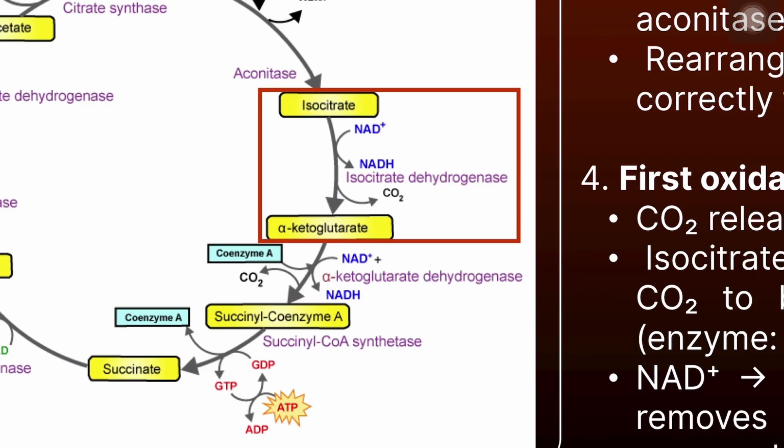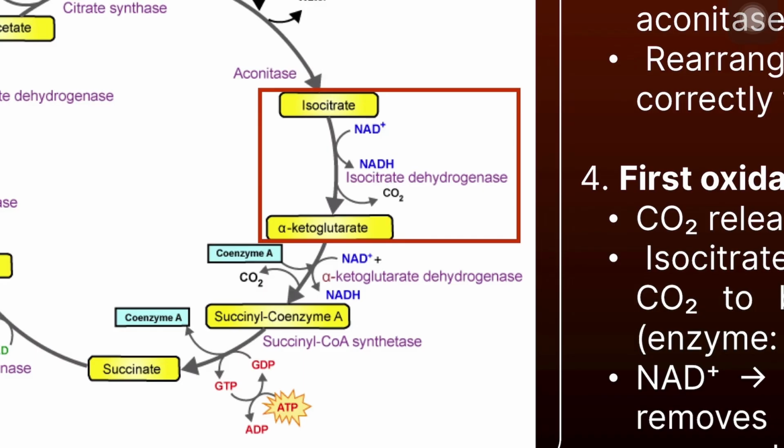As the electrons are removed, they are transferred to NAD+, and if that happens, it will now form NADH. This NADH will later deliver the electrons to the electron transport chain.